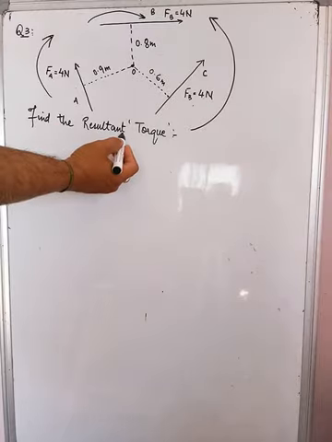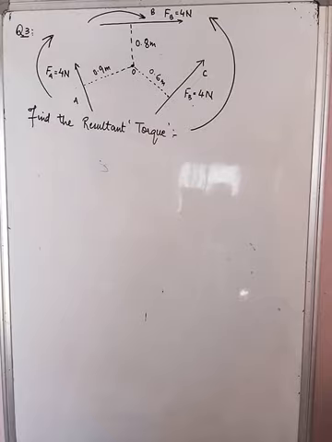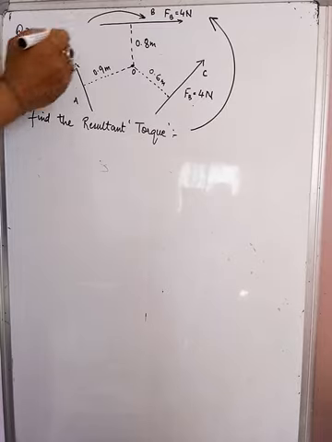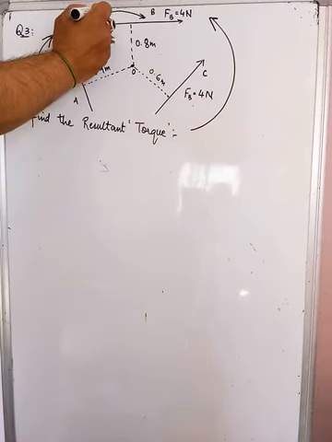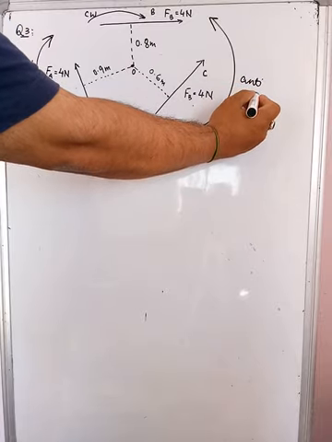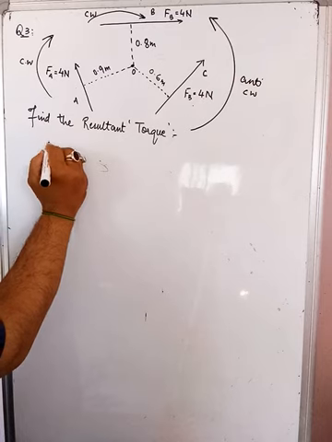So whenever the word resultant comes, we have to find the algebraic sum. Algebraic sum means with the proper sign. So let me first write down, this is the clockwise direction, this is the clockwise direction, and this is the anti-clockwise direction. Okay, so let us find the individual moments first.